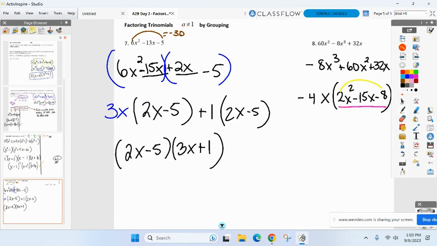Just focus on that parenthesis and trying to group it. Turn it into 4 terms, then group it. So you're looking at two numbers that multiply to negative 16, but add to negative 15.